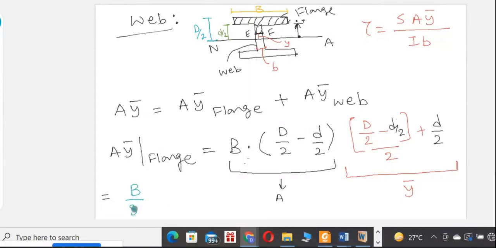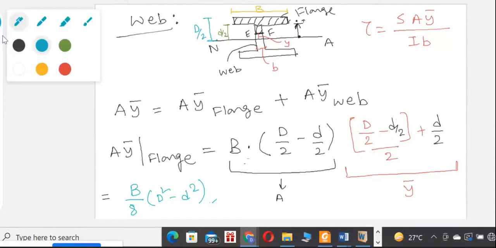So this is the A y bar for the flange. Now we will try to find out this A y bar for the web portion. Try to calculate. I am going to the next page.